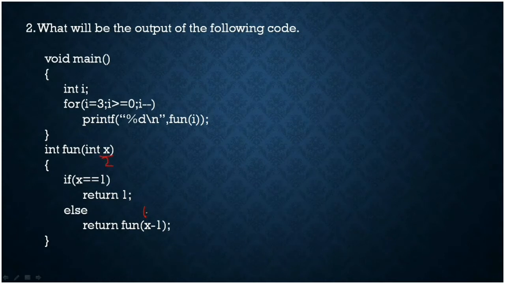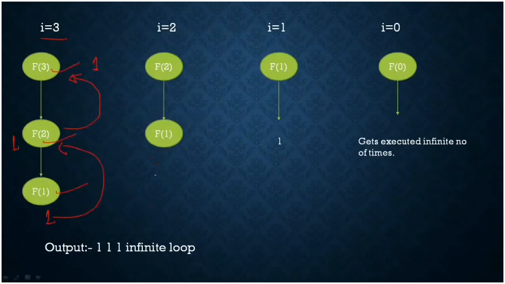After that 2 minus 1 is 1, so the function is called with f of 1. So 1 is equal to 1, the condition is satisfied, and it will return 1. So when I is equal to 2, f of 2 will be there and f of 1 will be there. f of 1 will return 1 and then it will return 1 again.